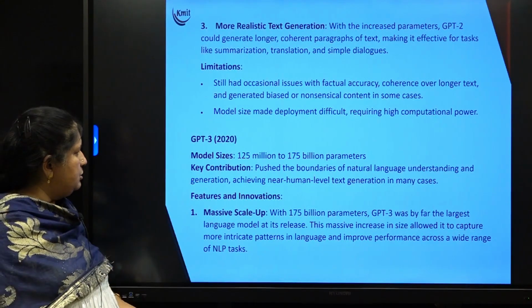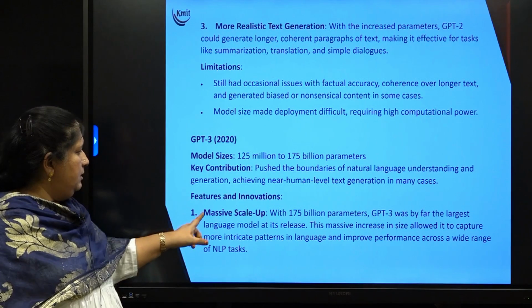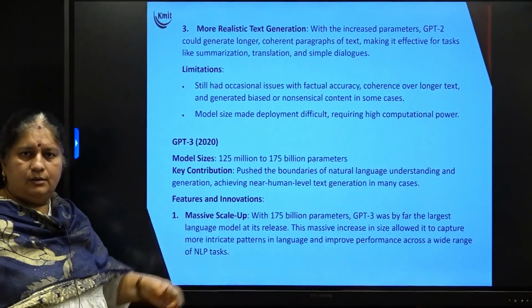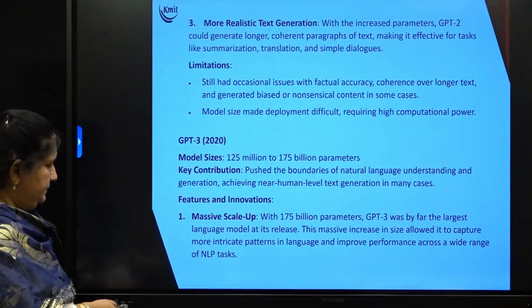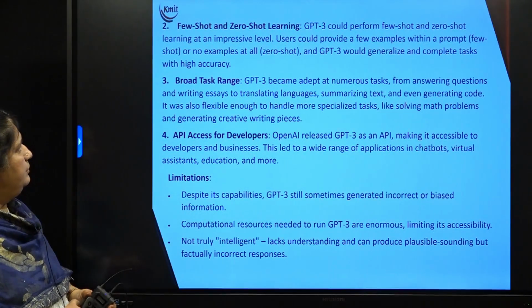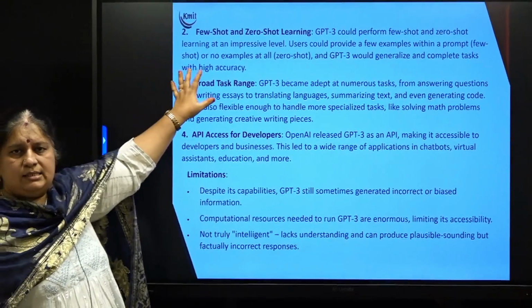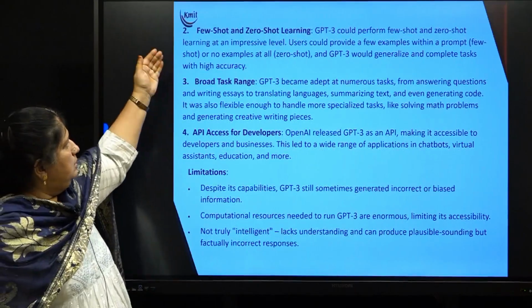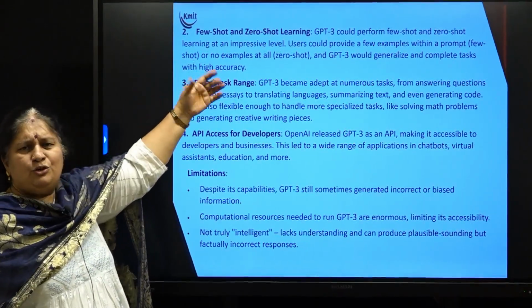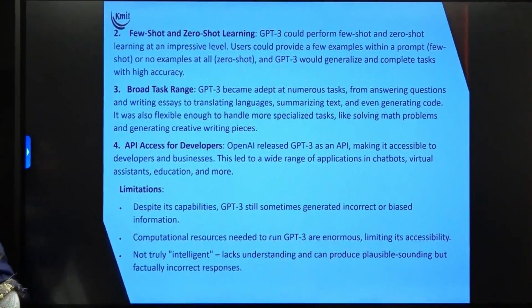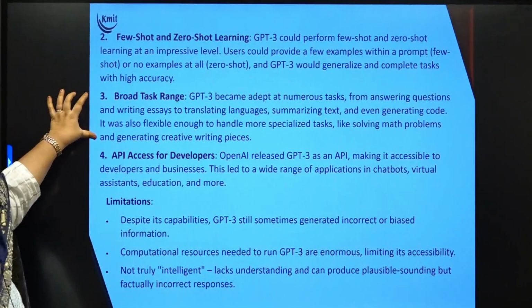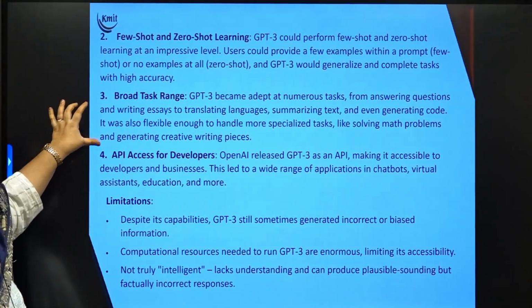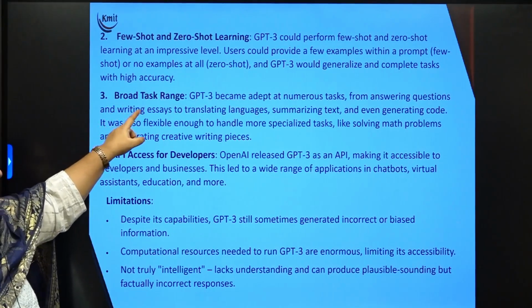What is the key contribution of GPT-3? A massive scale up of the data set, and some tasks require few shot learning, and the majority of the tasks require zero shot learning. What else has it come up with? It has a broad task range.